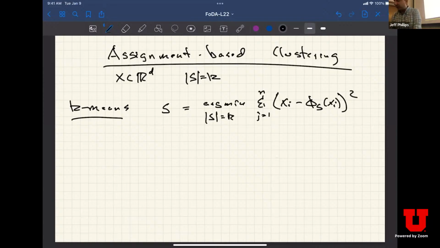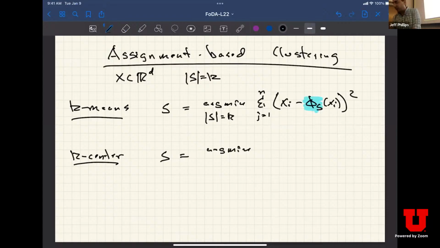And so you see it relies on this phi function here, but there are other formulations where we're going to say argmin, and you see this gives a cost function.